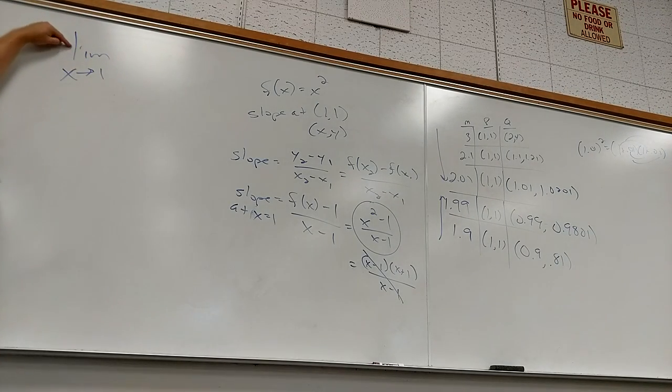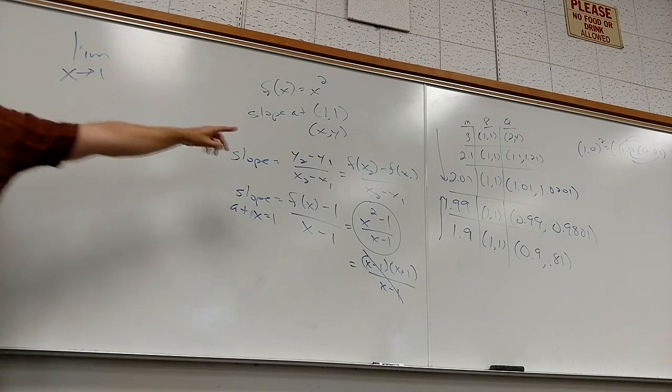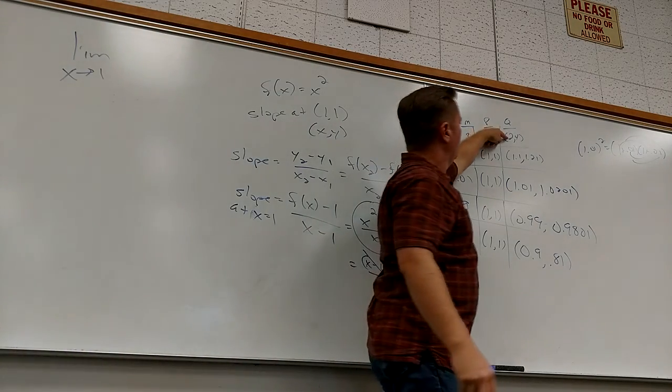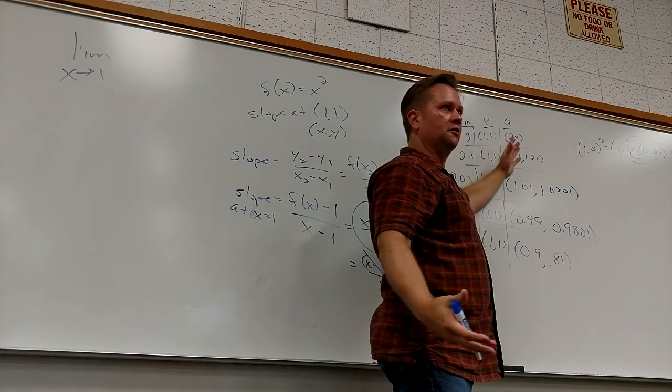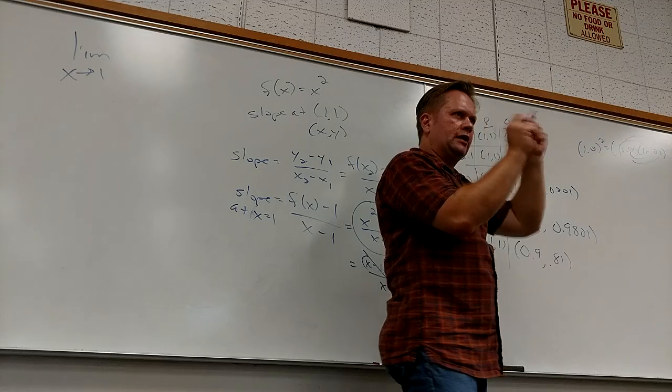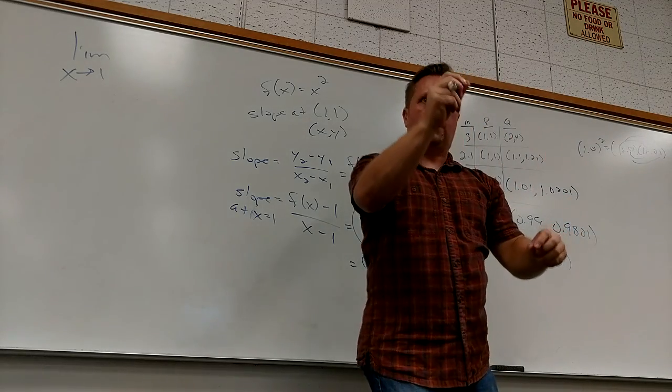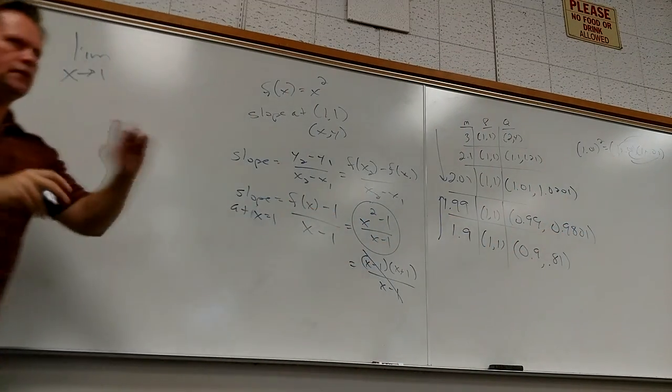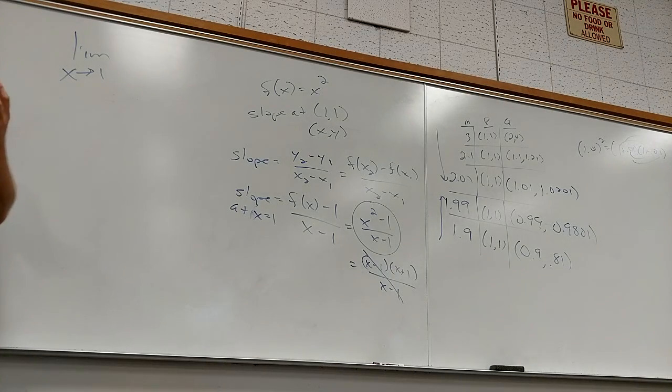What this means is let x get really close to 1. And what did we actually do on the table? We let x get really close to 1. So this is kind of like the nitty-gritty, nuts and bolts, really detailed. This is, I'm going to let it get close to 1. This is the more precise algebraic manipulation.